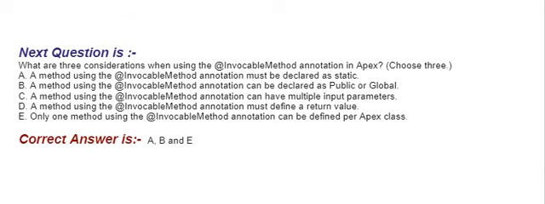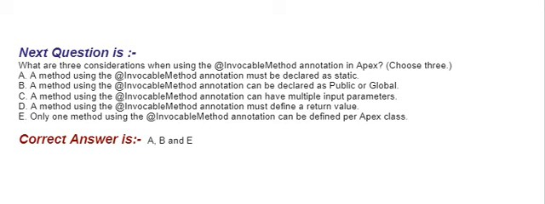Our next question is, what are three considerations when using the @InvocableMethod annotation in Apex? Choose three. Option A. A method using the @InvocableMethod annotation must be declared as static. Option B. A method using the @InvocableMethod annotation can be declared as public or global.